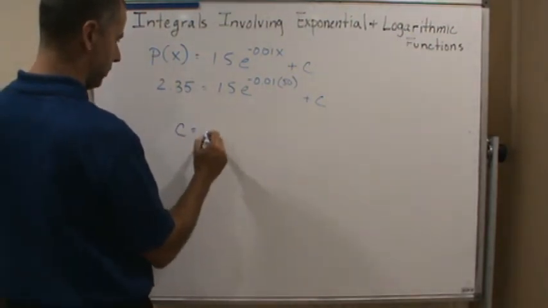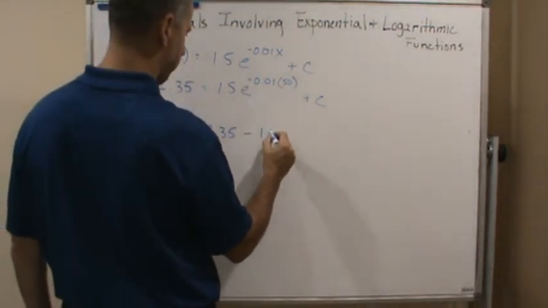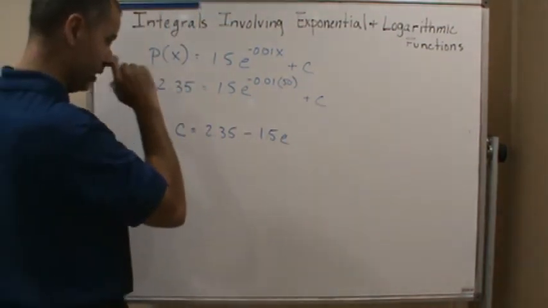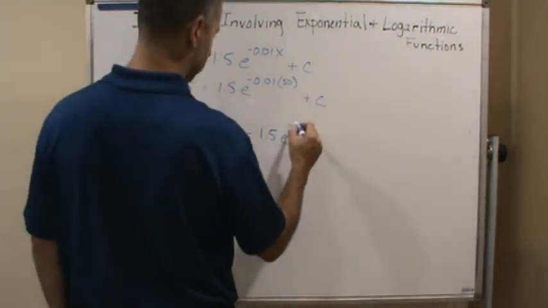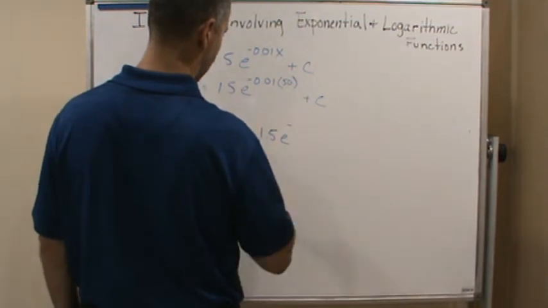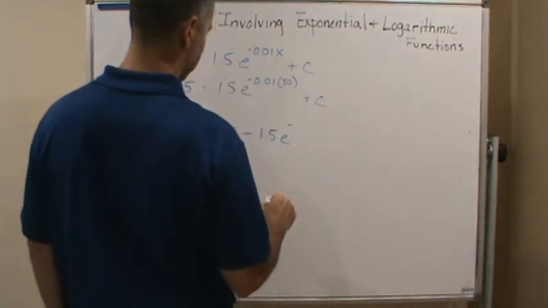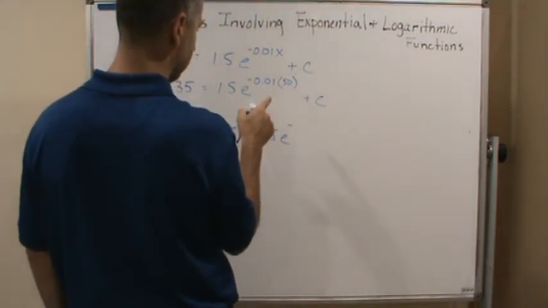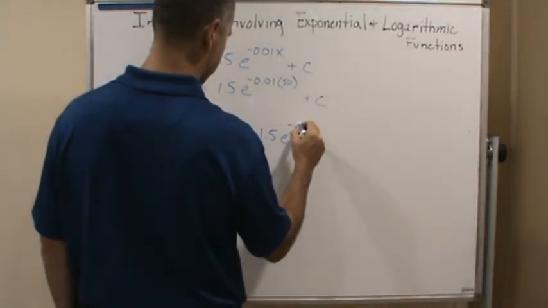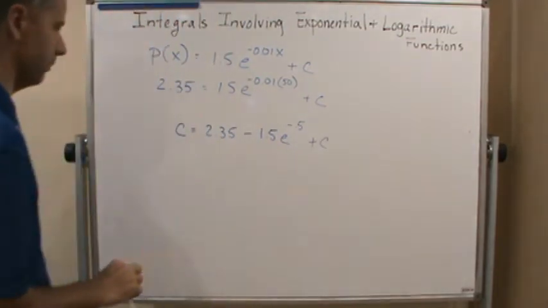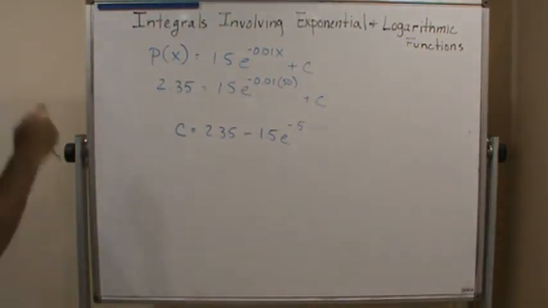So c equals 2.35 minus 1.5 e to the negative 0.01 times 50, so the exponent is negative 0.5.